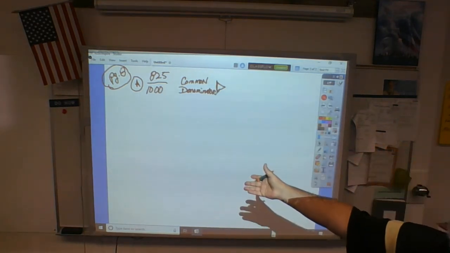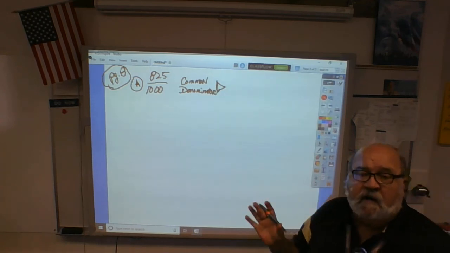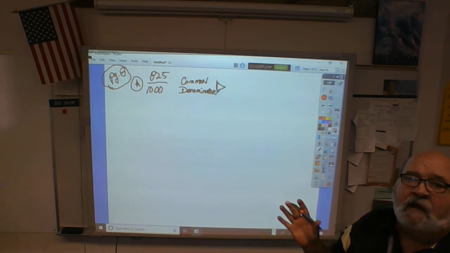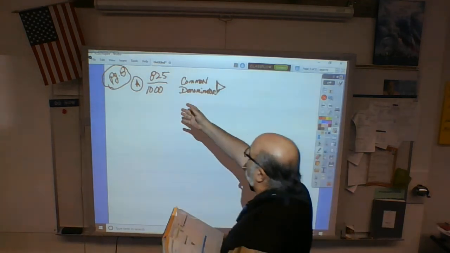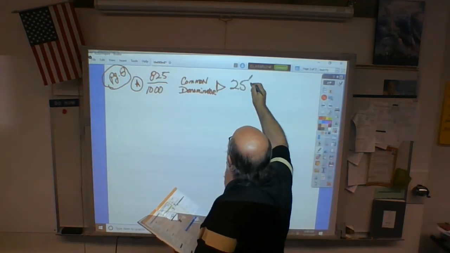You can divide by it and make that number smaller on the top and on the bottom accurately. When you look at that, you're probably going to say, I want to use a 5. Using a 5 is okay, but it isn't quite right. Because actually, when I look at this, I think the common denominator should be 25.